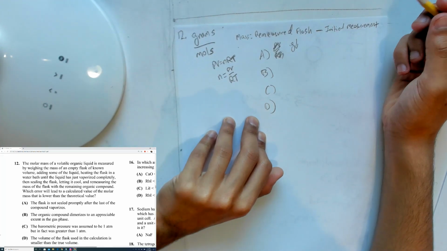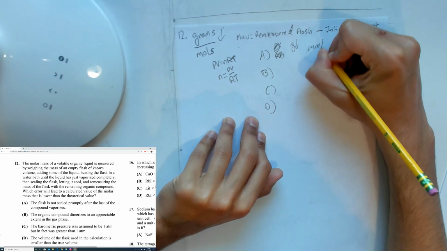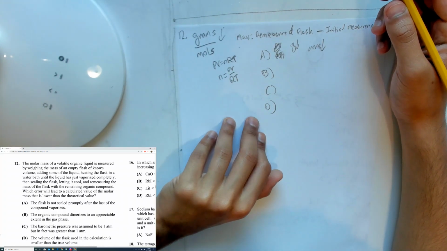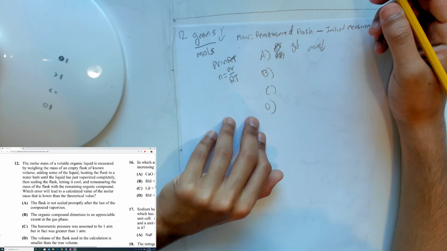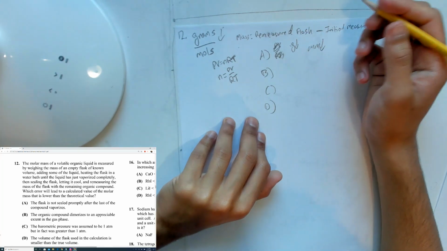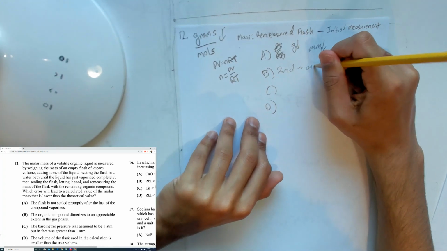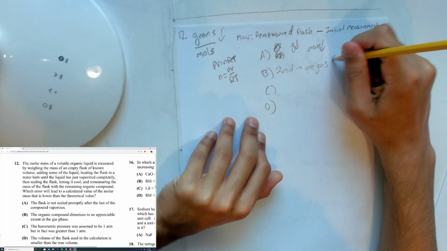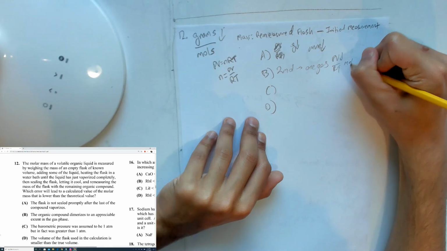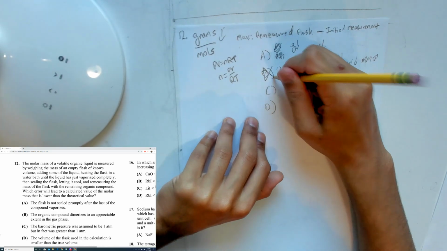So that means if this goes down, the molar mass will go down. Now for B, the organic compound dimerizes to an appreciable extent in the gas phase. So when it dimerizes, you have 2 moles of a gas forming into 1 mole of a gas, and that will decrease the pressure, and that will decrease the calculated amount of moles, which will overestimate the molar mass. So B is wrong.